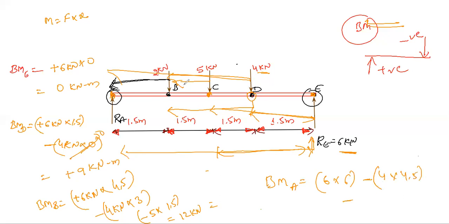Next, minus 5 into 3. Next, we have minus 2 into 1.5. Now all together, what is the answer here? At point A, it will be 0.